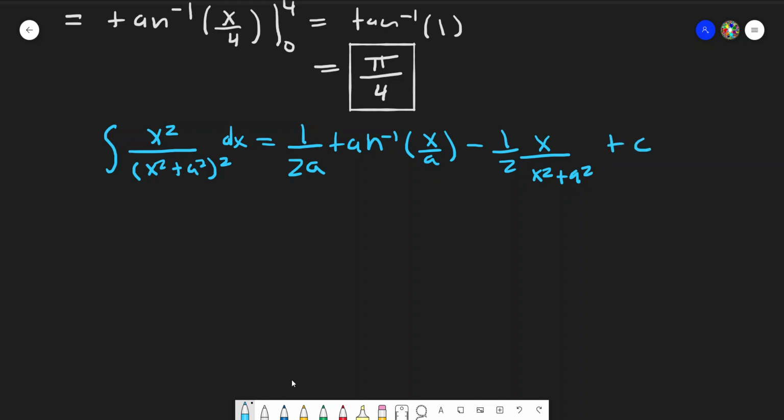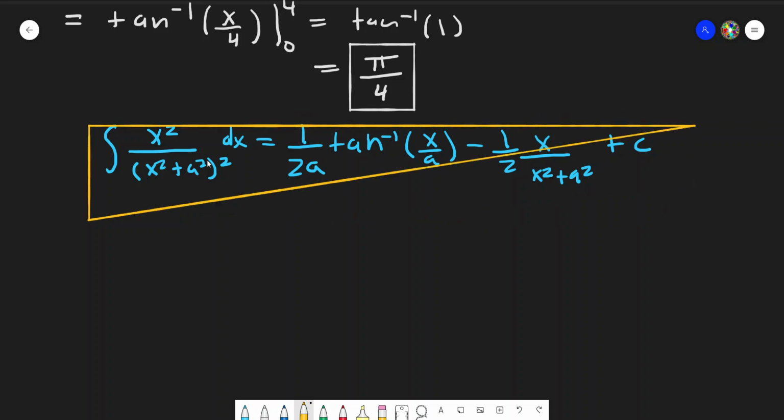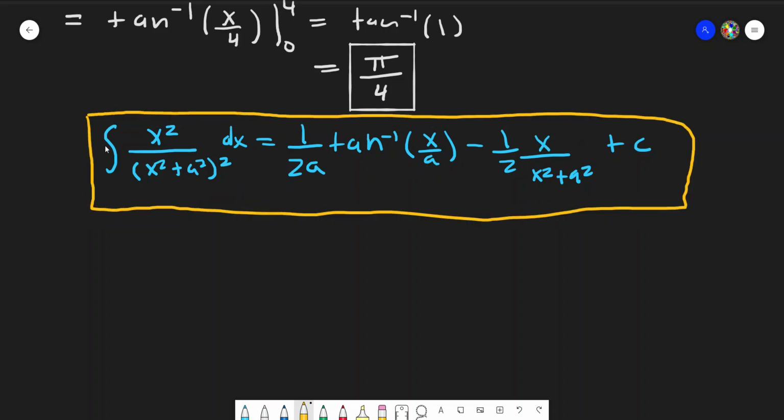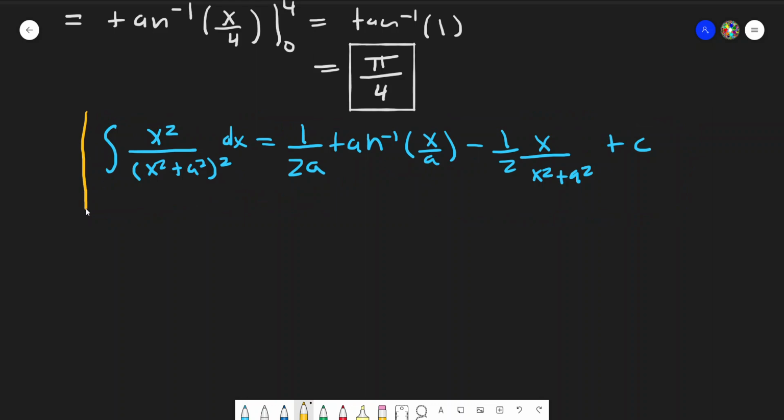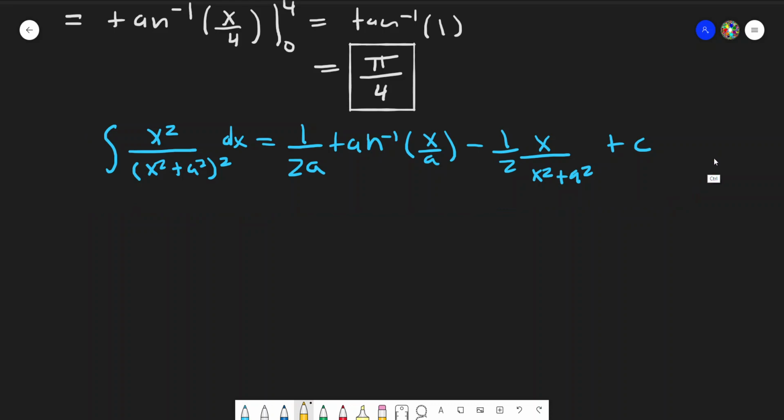So this is actually a nice little formula that I was able to derive by the use of integration by parts, but I also verified my answer by using trigonometric substitution. Once I got that, I was convinced that I could just save this in case the integral ever comes up again, and then I don't have to do it again from scratch.